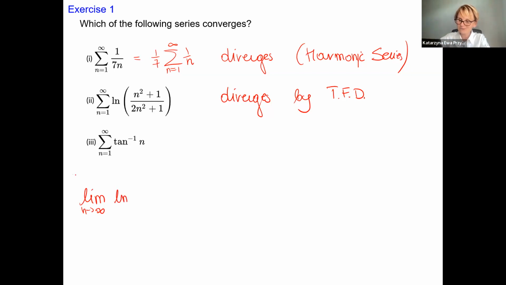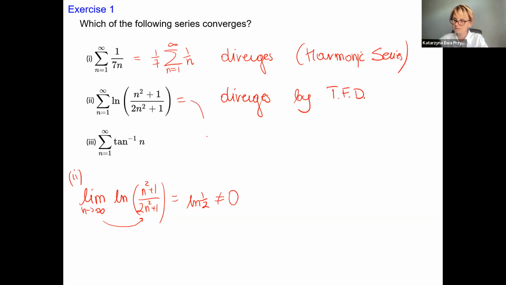What we can do for this part is find a limit. And we know that this limit is natural log of 1/2, a limit different than 0. If the limit of the terms is different than 0, there is no chance for convergence.